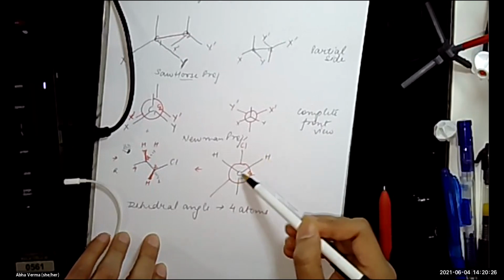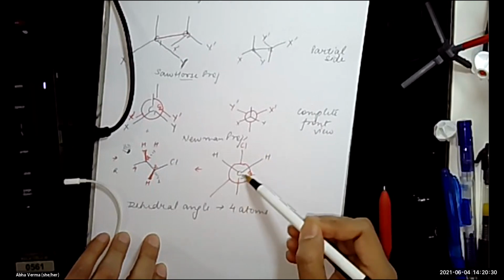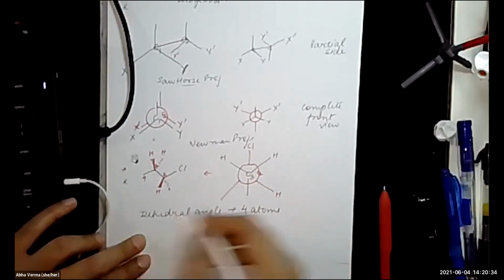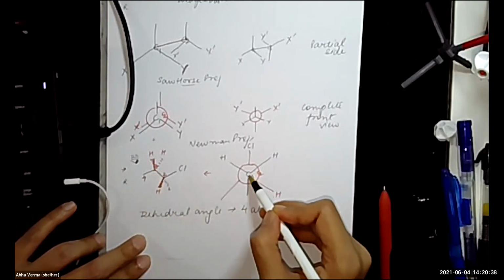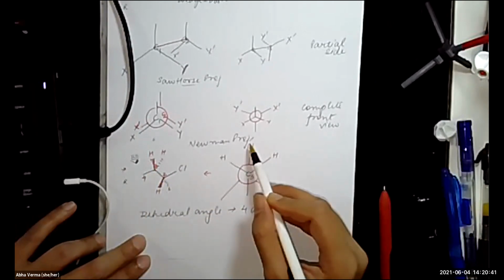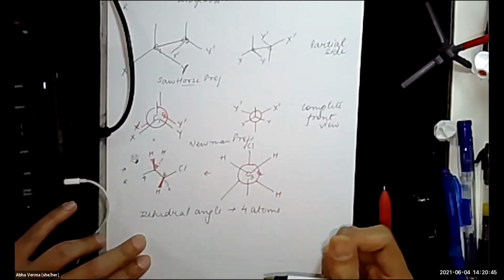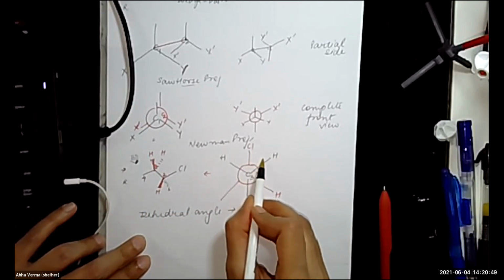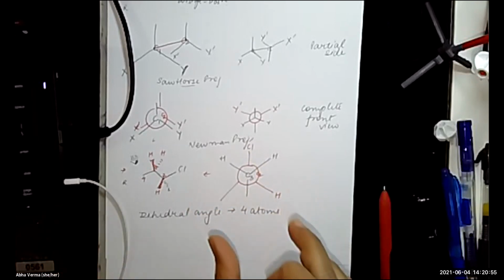So you see my 2 atoms. Of the 4 atoms, 2 of my dihedral atoms will always be the carbons of my single bond rotation. So 2 of those, hydrogen and this chlorine. So this is a dihedral angle. What is the dihedral angle between the chlorine and hydrogen in this Newman projection?